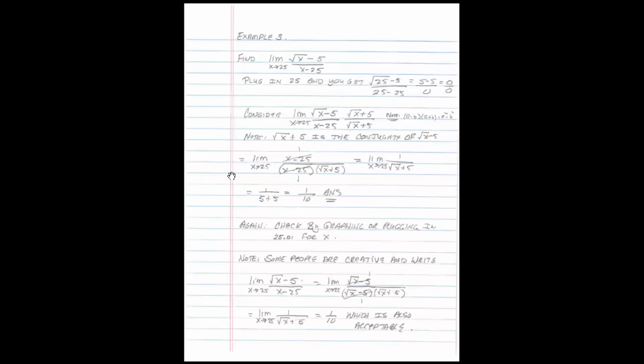So let's go to the next slide. Here we have example 2. This time we want to find the limit of 3x squared minus 7x plus 2 over x minus 2 as x approaches 2, and we'll first try plugging in. And when we do, we get 0 over 0.